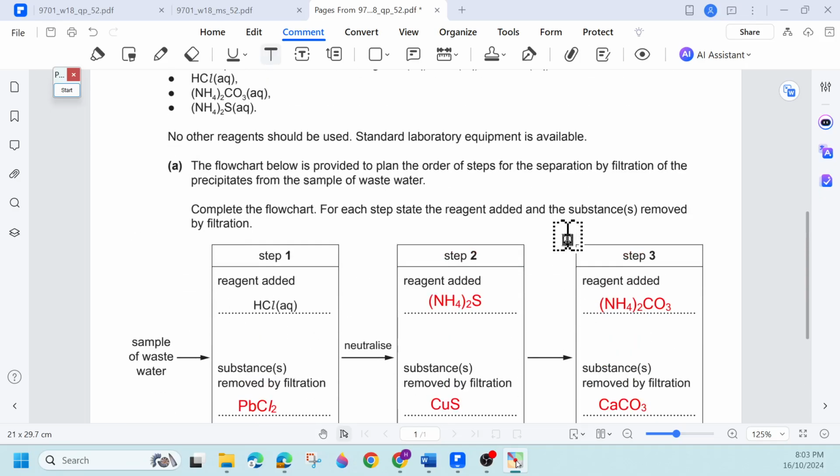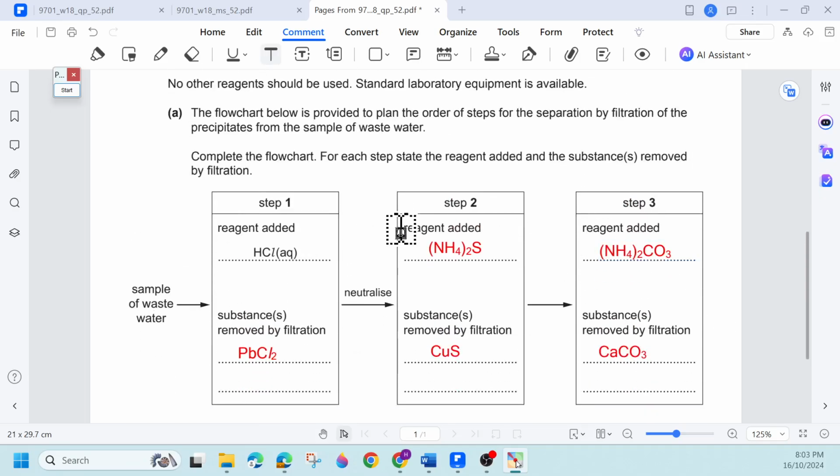Now let's look at this particular flow chart. Again, please remember what you are trying to achieve right now. You're trying to remove the metal ions.